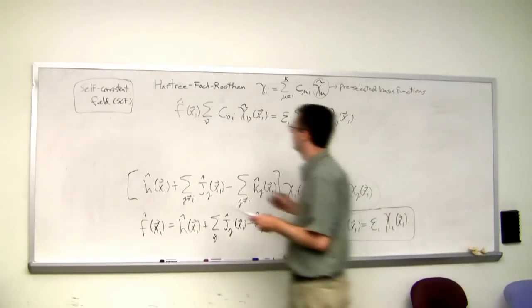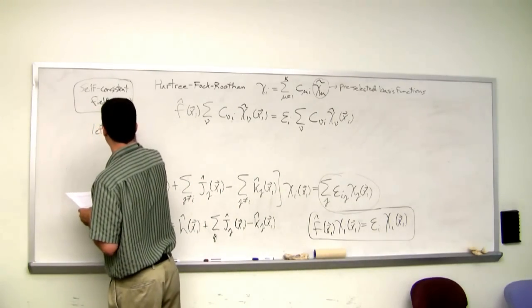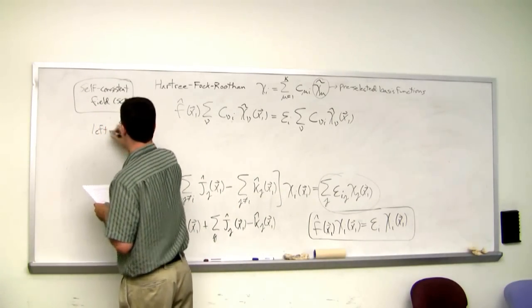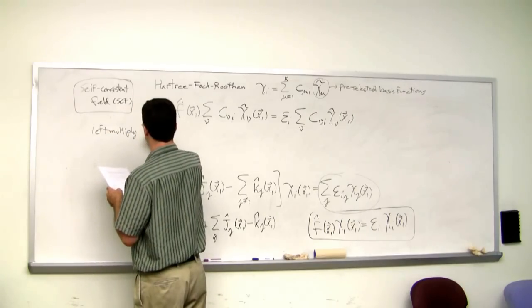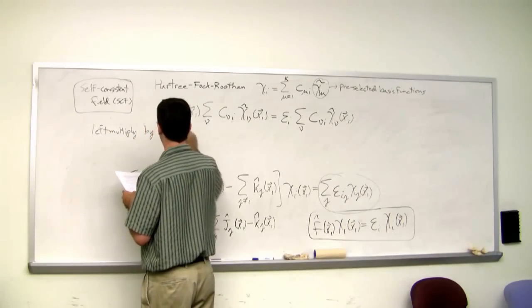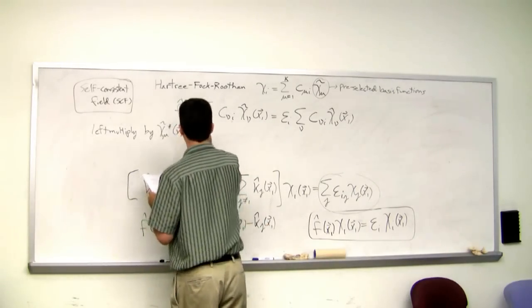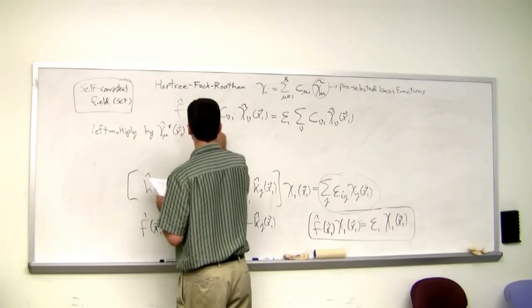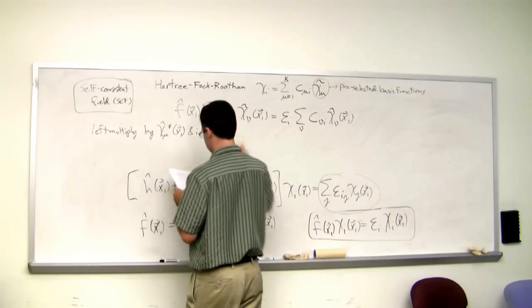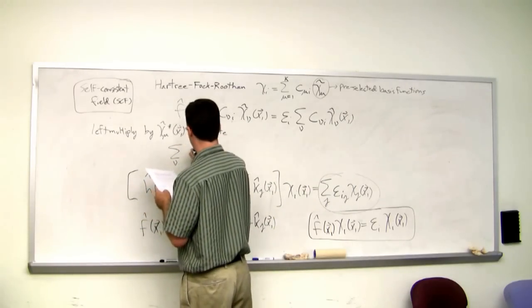Now what I'm going to do is multiply on the left by one of these basis functions, chi mu tilde star of x1, and integrate. So let's do that. The sum over nu is going to pull out.